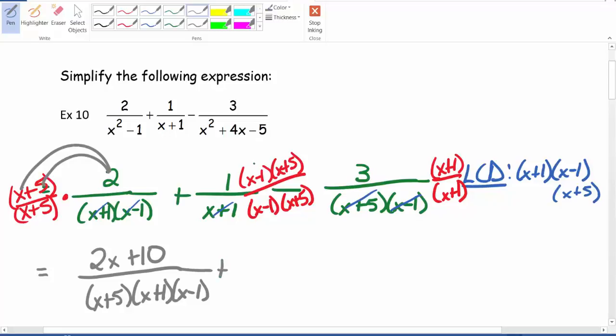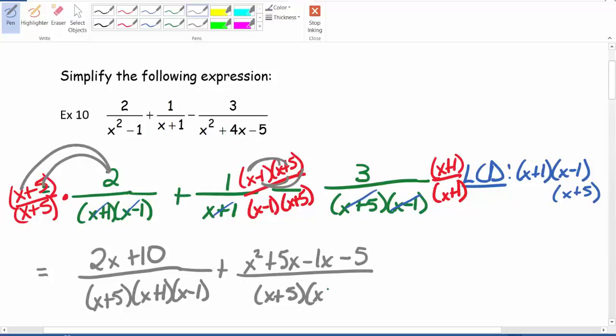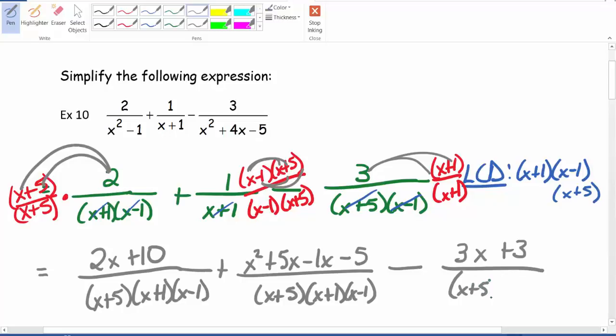In the middle, if we distribute these items, we end up with x squared plus 5x minus 1x minus 5, divided by our x plus 5 times x plus 1 times x minus 1. And we are subtracting 3 times that x plus 1, so it looks like minus 3x plus 3. And then again, we have our x plus 5 times x plus 1 times x minus 1.